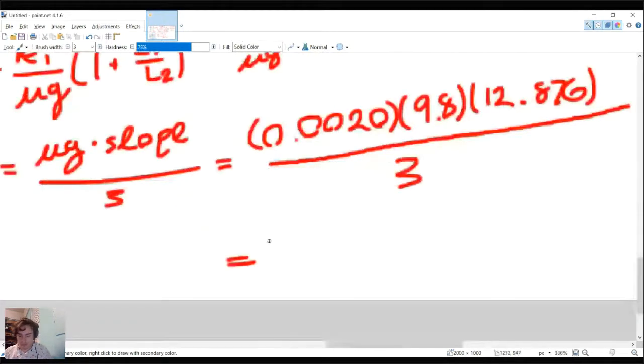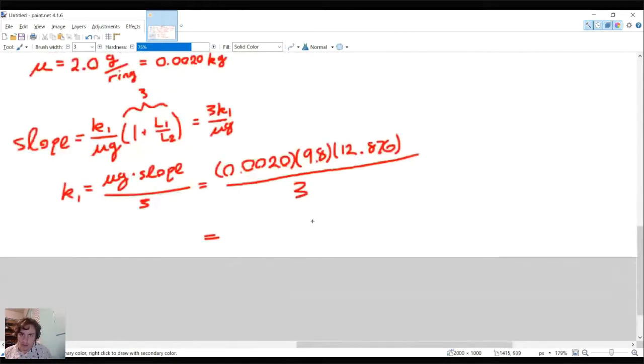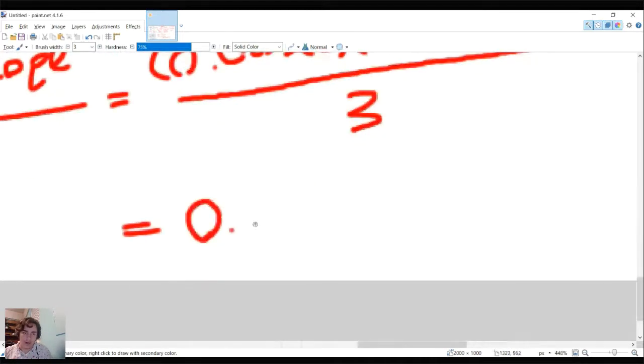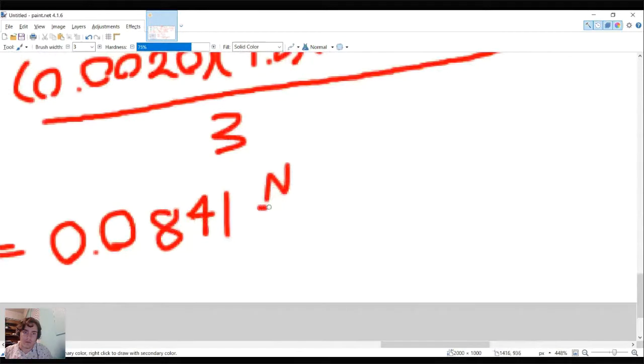And we get this is equal to 0.002 times 9.8. Let's hope I don't mess up and fat finger the calculator, because that'll be really embarrassing. 12.876. Get a really weak spring. We get 0.0841 with 3 sig figs, and it's a spring constant, so it's in units of newtons per meter.